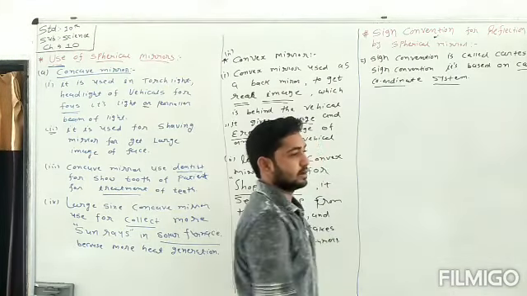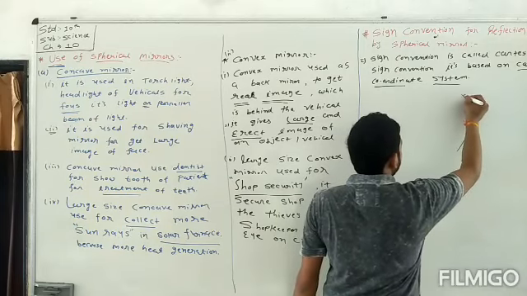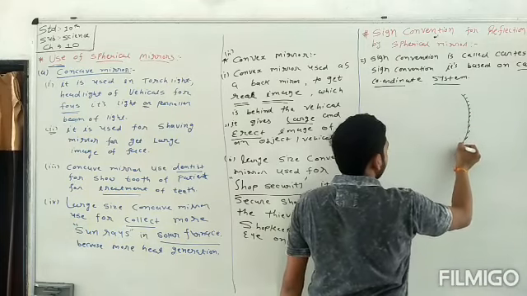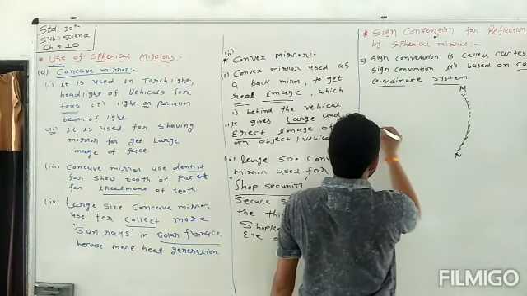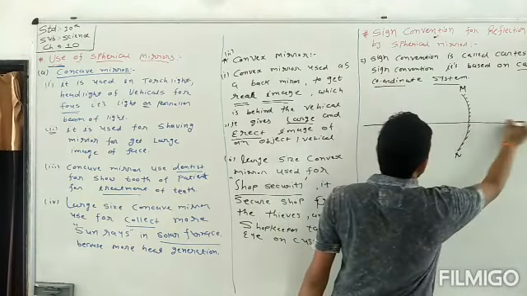So here we use a spherical mirror, aperture MN, this principal axis, here called P. So what is the first fundamental in this Cartesian sign convention?